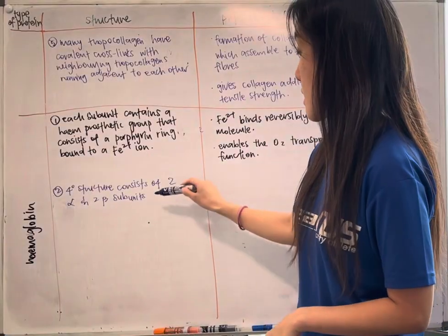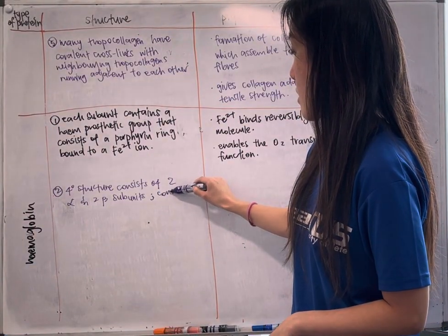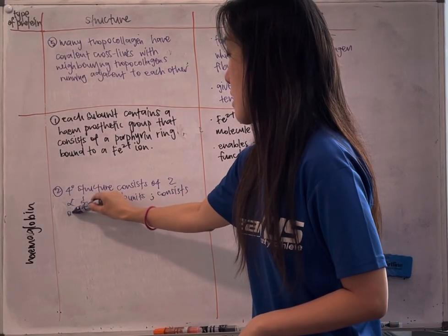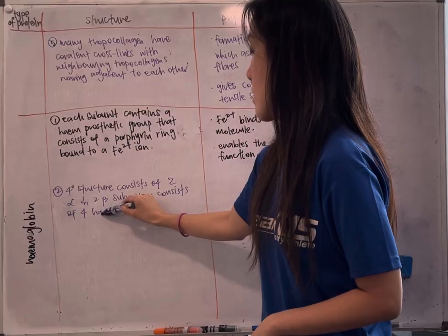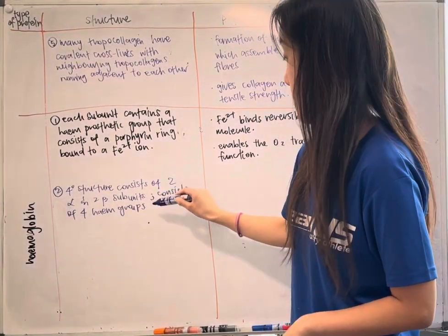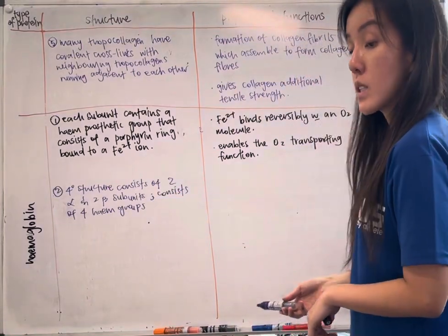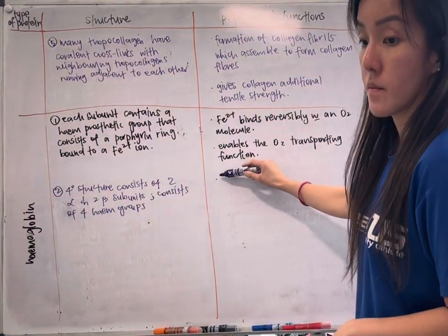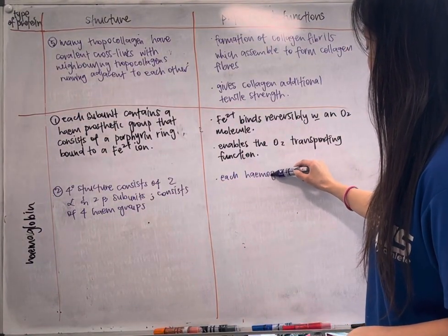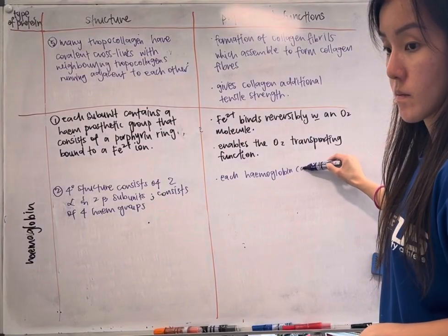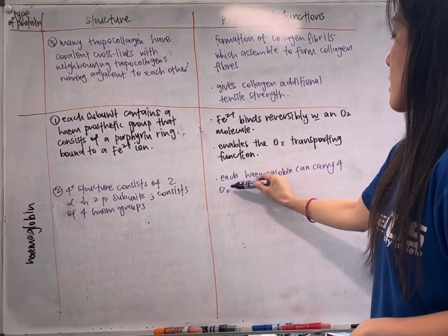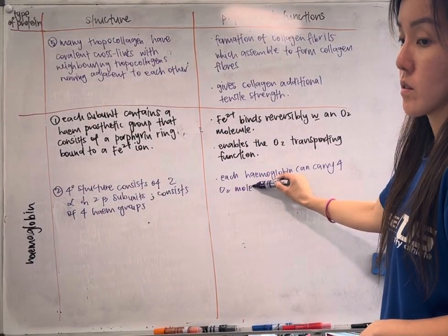In other words, it contains 4 heme groups, so they can carry 4 oxygen molecules.